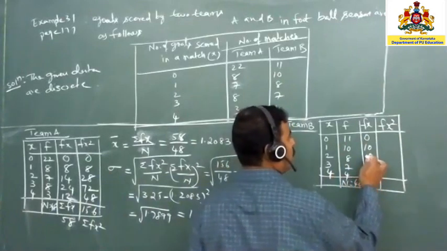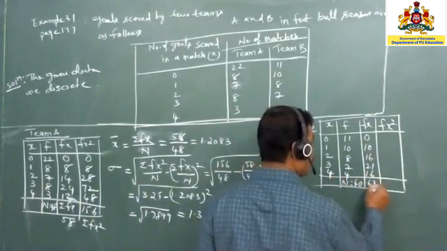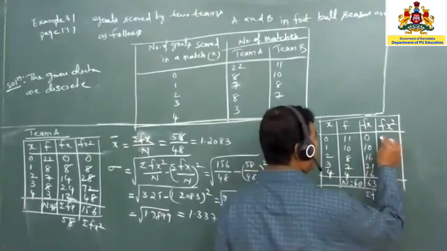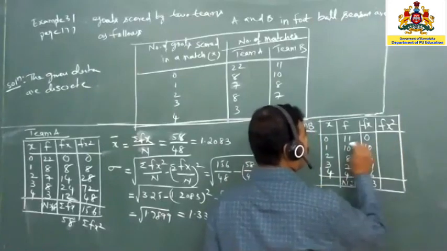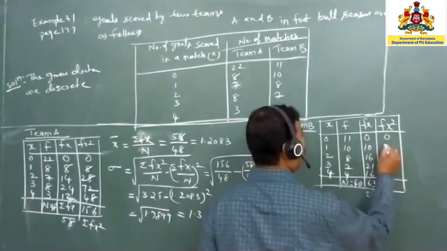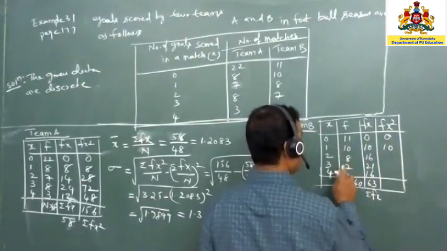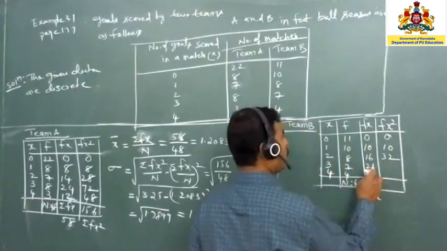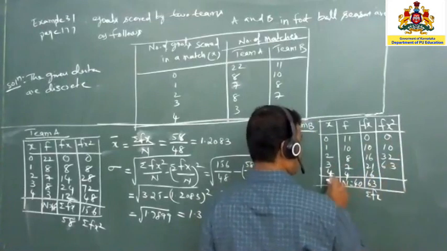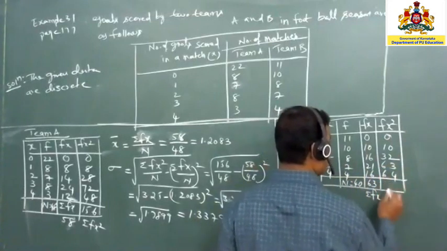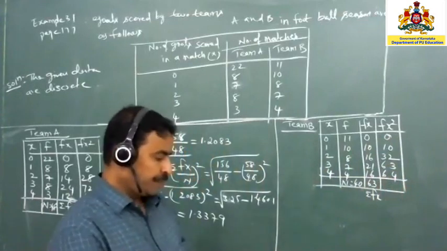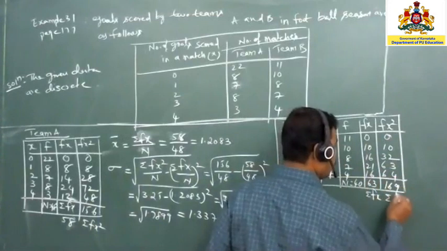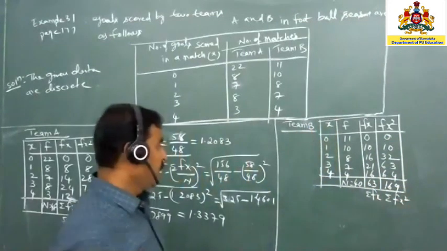Summation fx is 63. Fx square: 0, 10, 32, 63, 64. Summation fx square is 169.